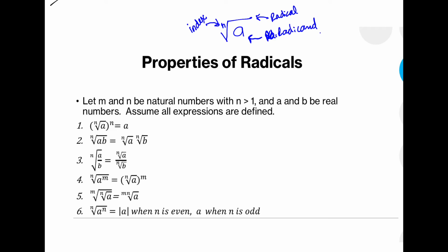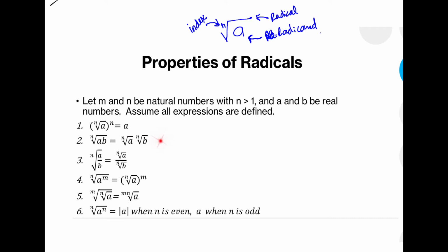Okay, so going down, here we are basically giving the whole idea of the index and the powers and that they undo each other, right? Raising something to the nth power that you're taking the nth root of simply leaves me back where I started with a.